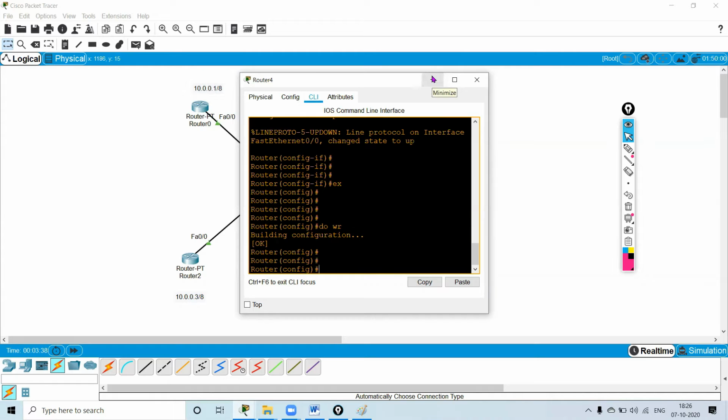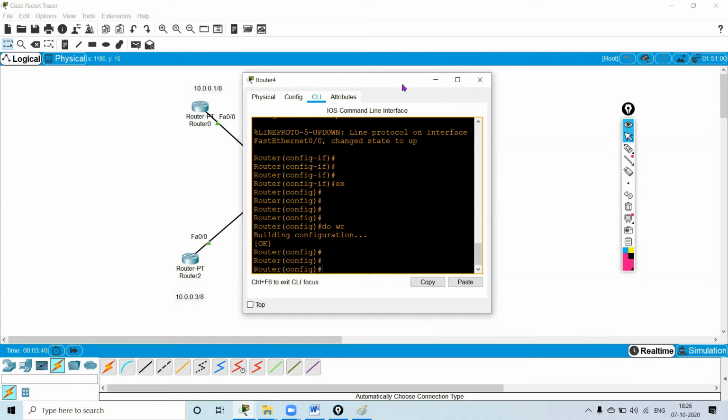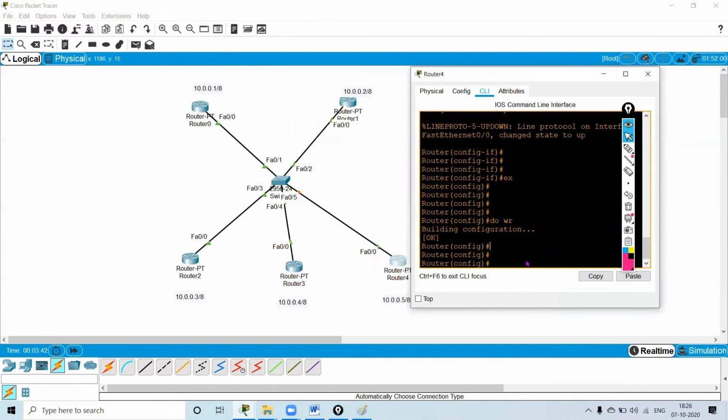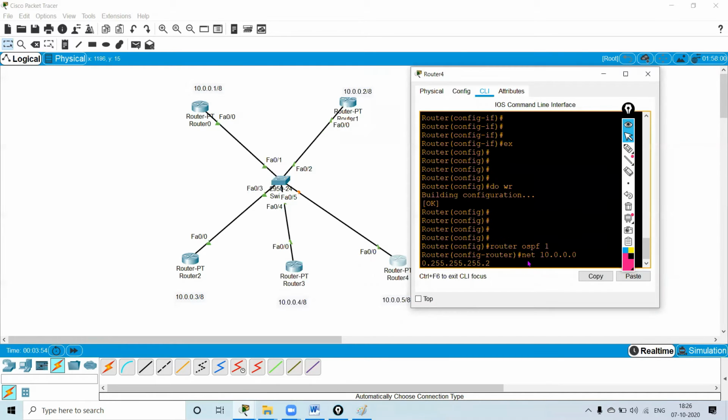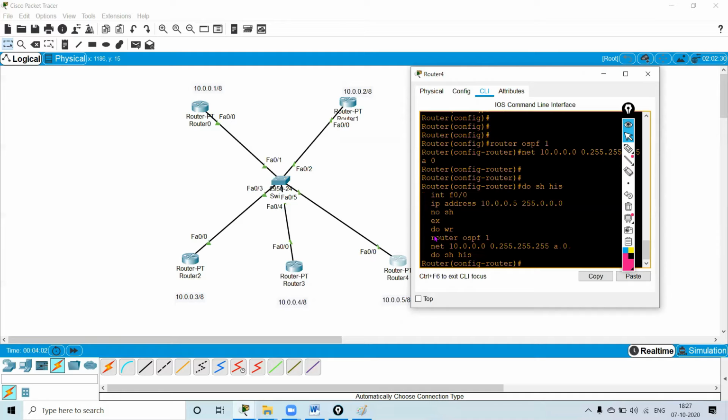Okay, I'll write this configuration, and I'll run the OSPF process here: router OSPF 1, and I'll advertise the 10 dot network in area 0. Okay, do show history. This will be the command on all the routers.